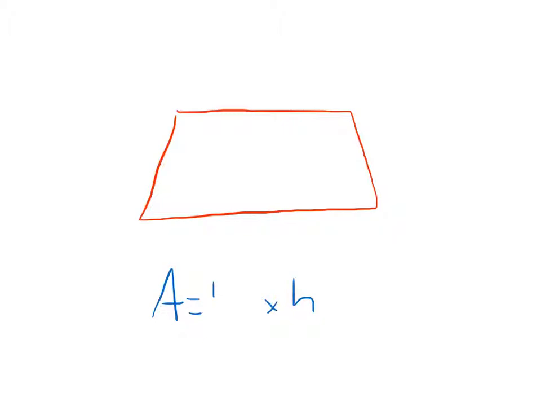To figure out the average, if you remember, we can take base 1 plus base 2, one half of the first base and one half of the second base. We multiply those two times the height.